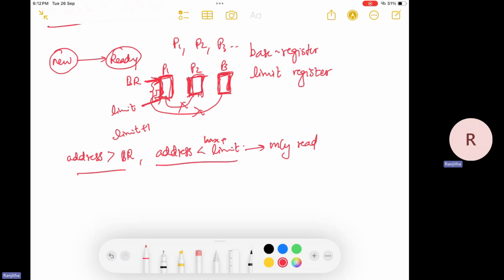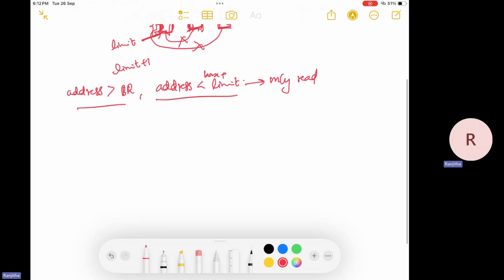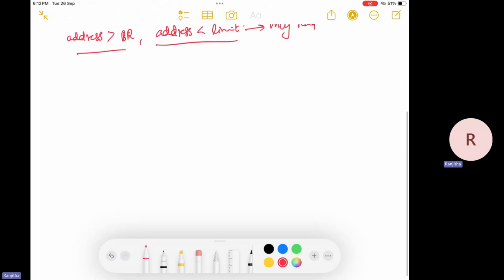Now, when we are loading a process, how is the address generated? How is it figured out where it needs to be loaded? There are different ways of address binding, like binding the physical address to a program.